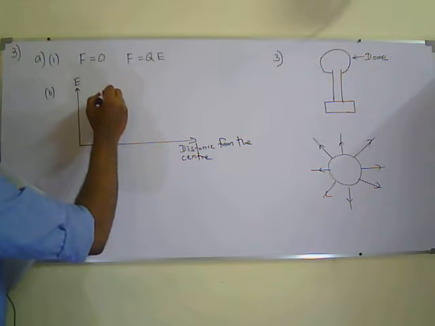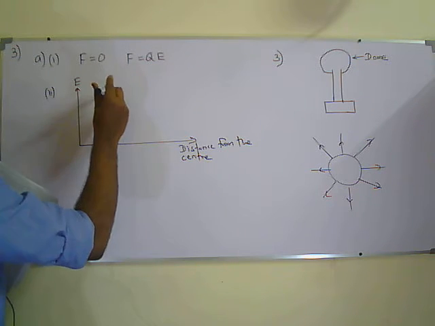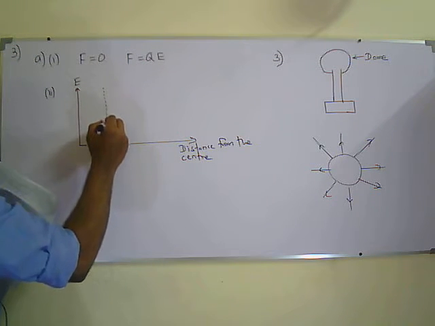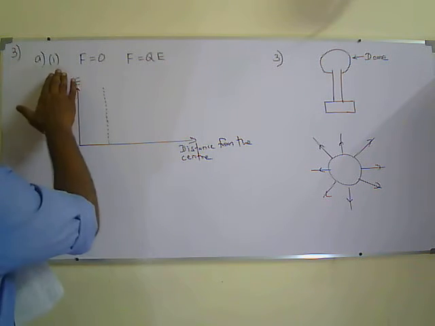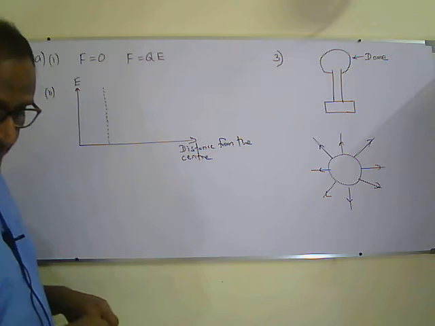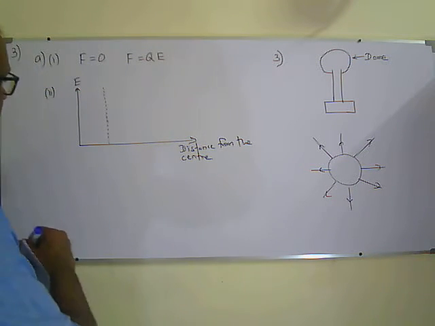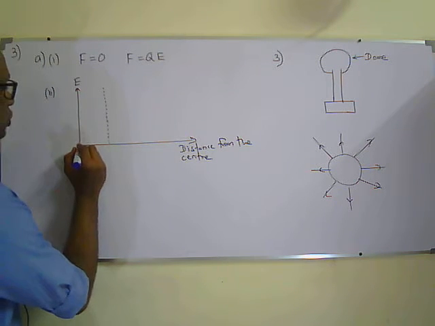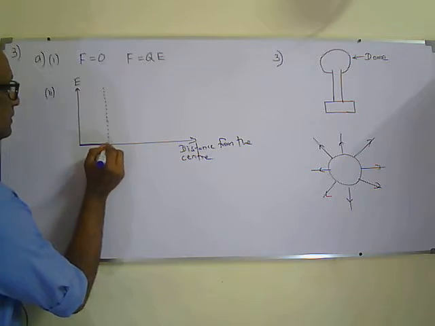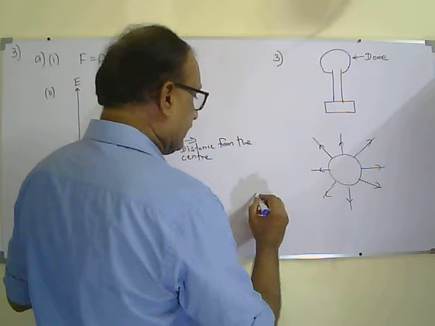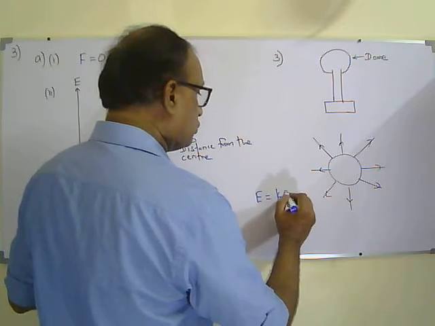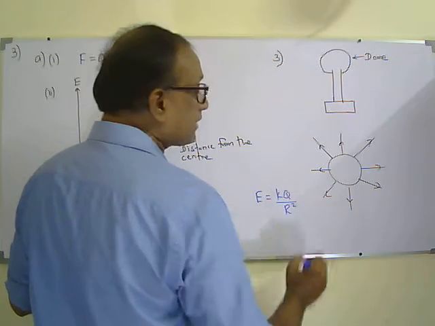There's a dotted line that represents the radius of the sphere. They asked to draw the shape of the electric field strength against distance from the center graph. We know inside the sphere there is no electric field strength. The electric field strength on the surface is given by E equals KQ over R squared, where R is the radius of the sphere.